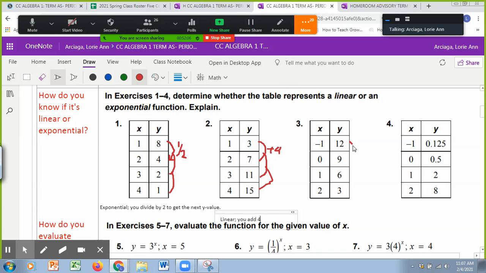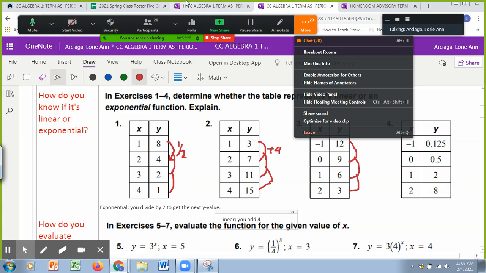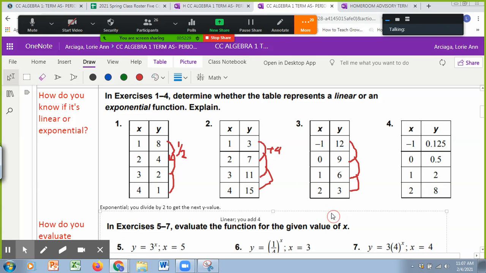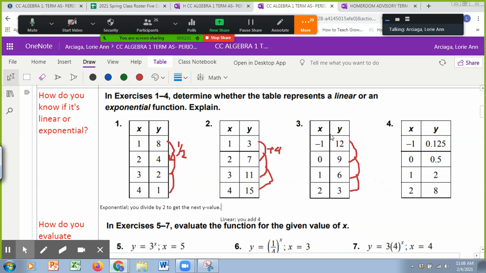Look at this. 12 to 9, 9 to 6, 6 to 3. Linear or exponential? Linear. Why? What's the pattern?